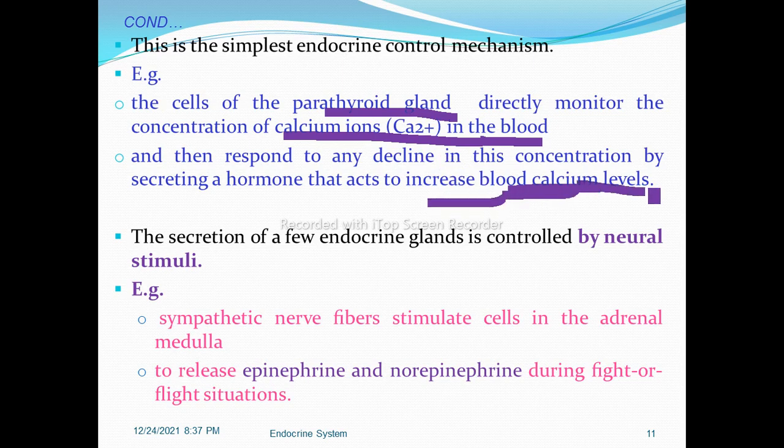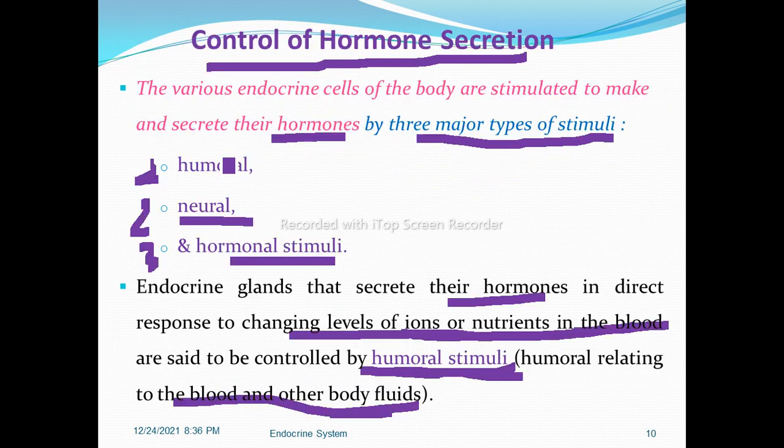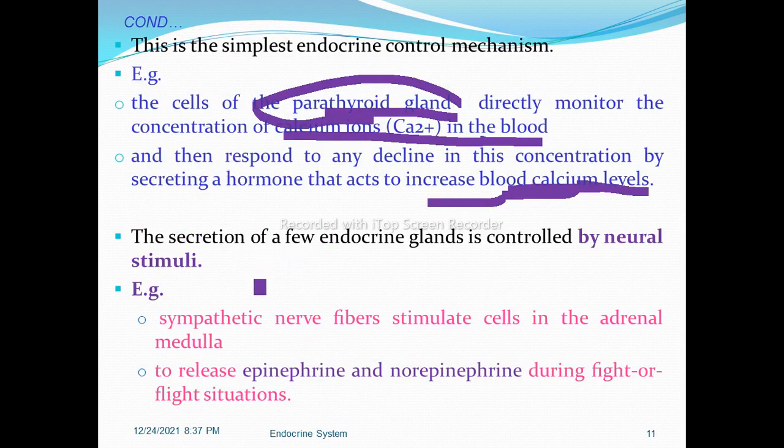To maintain the body's homeostasis, if the calcium ion in the blood decreases, our endocrine system strives to increase blood calcium level until it reaches equilibrium. So the parathyroid gland balancing calcium ion in the blood is an example of humoral stimuli.